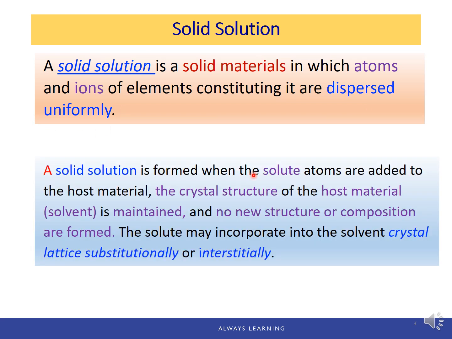So a solid solution is formed when the solute atoms are added to the host material, which is called the solvent, and the crystal structure of the solvent is maintained. There's no new structure or composition formed.